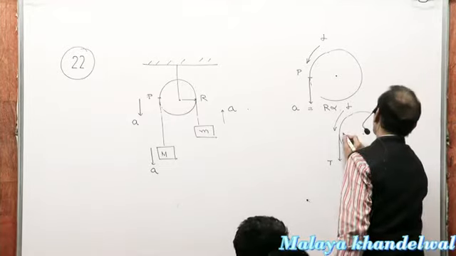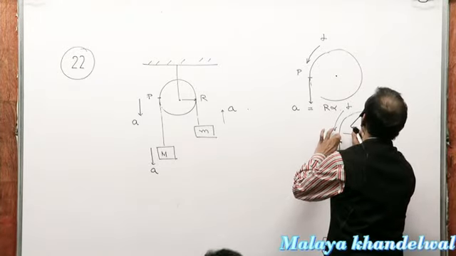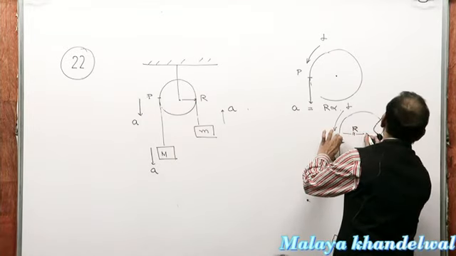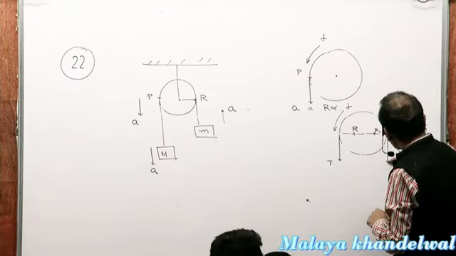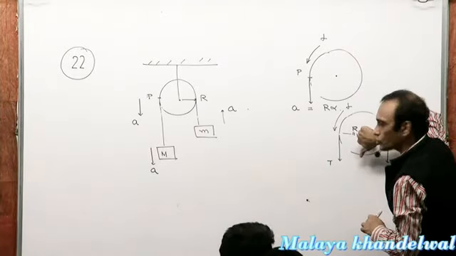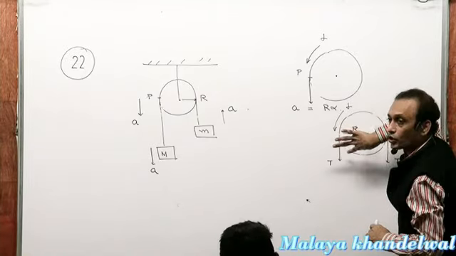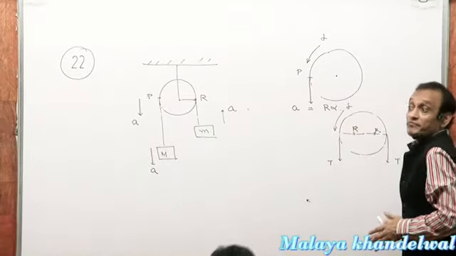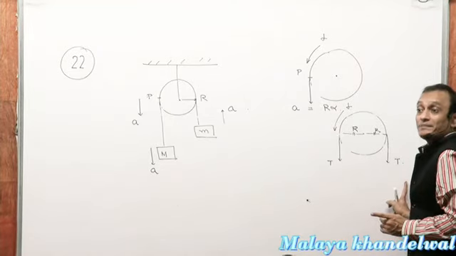No, because this T produces torque which is T into R clockwise, and this T also produces torque T into R anti-clockwise. They would have cancelled off. There would have been no torque and no alpha.